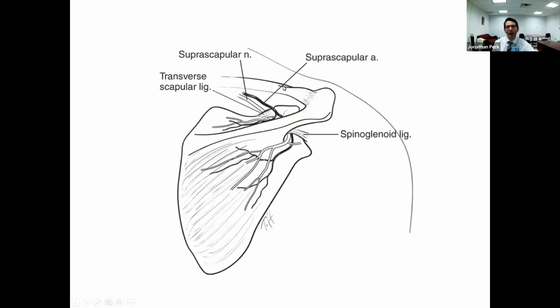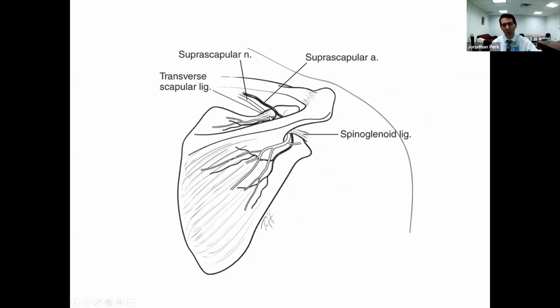Okay, so the suprascapular nerve actually has proximal branches and distal branches. Okay? And that's important to know because the proximal branches branch first and innervate the muscle here.